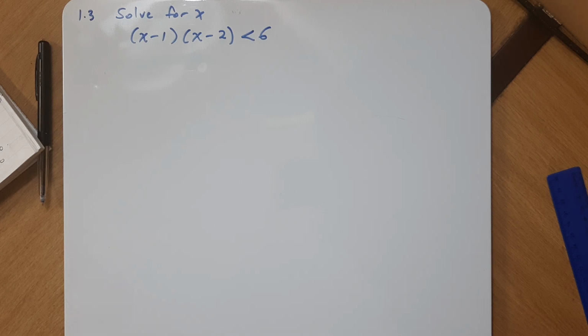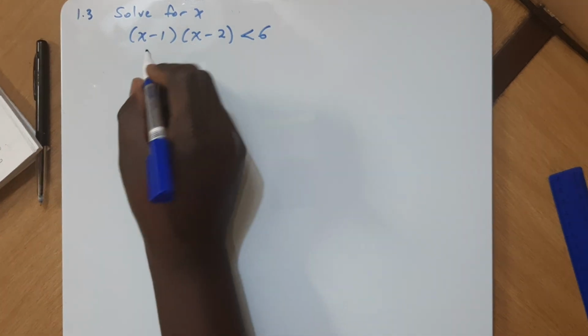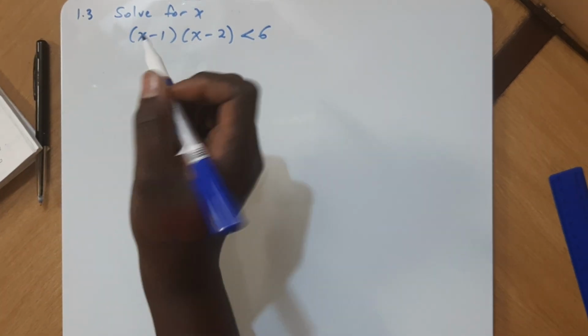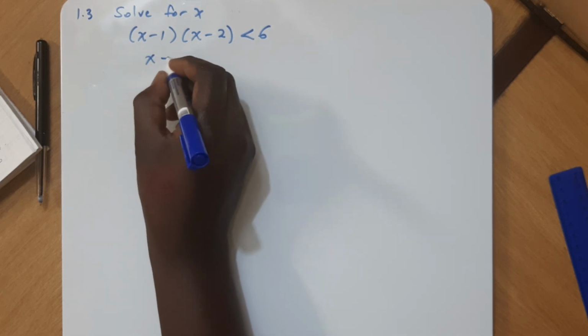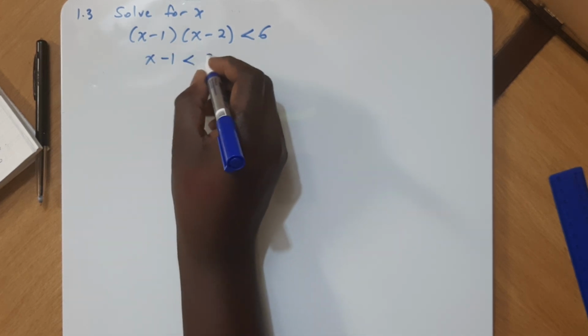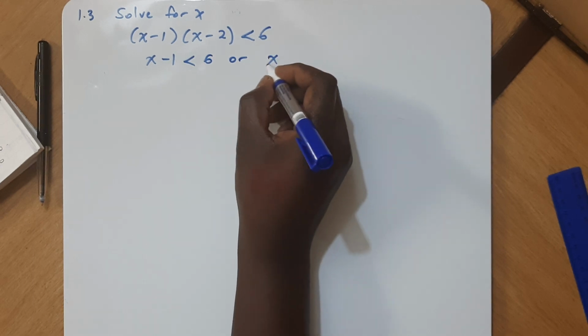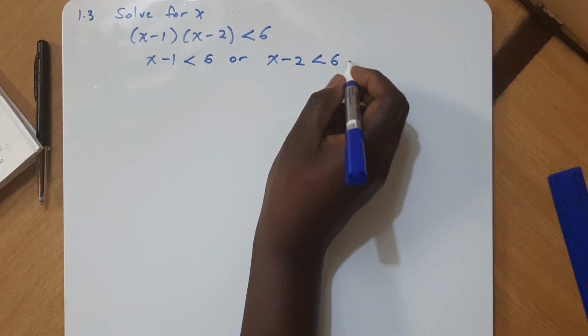So our next number 1.3, we have solve for x for this inequality, okay? So we have same way, two values, our x minus 1 being less than 6, or our x minus 2 being less than 6.